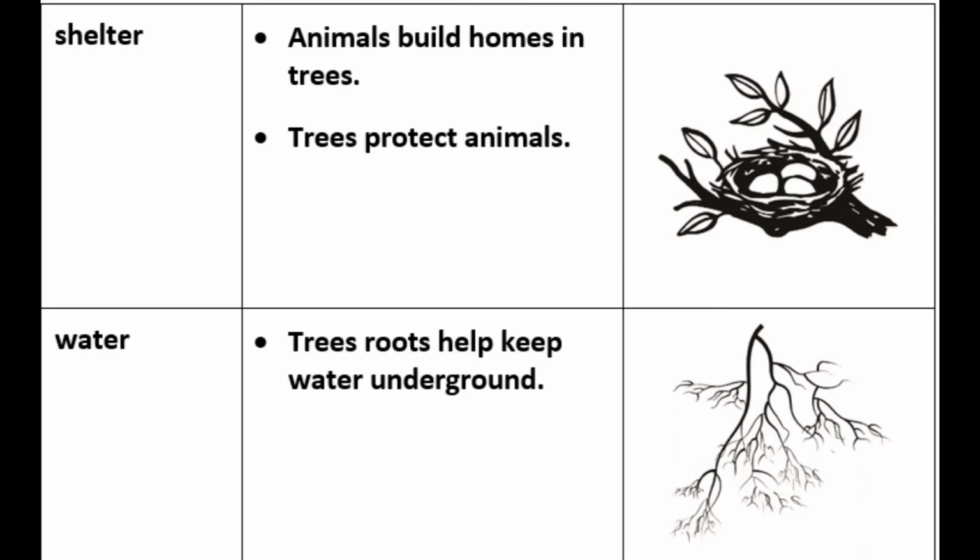So, living things depend on trees for water, and the tree roots help keep the water underground. So, I have a picture of some tree roots here to remind me that that's where the water comes from. Notice how all of my pictures match what the living thing depends on the tree for.